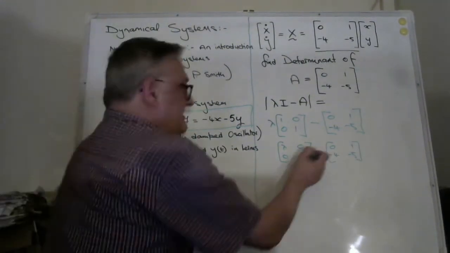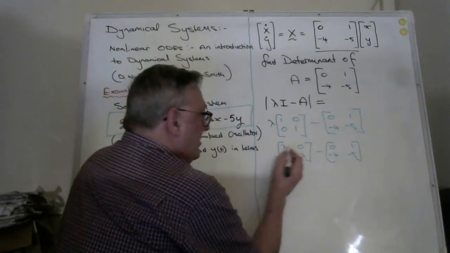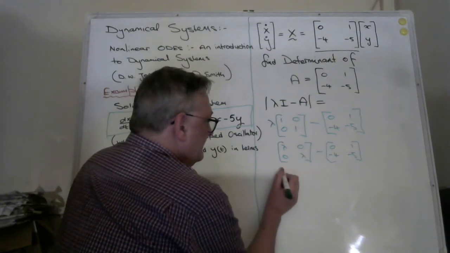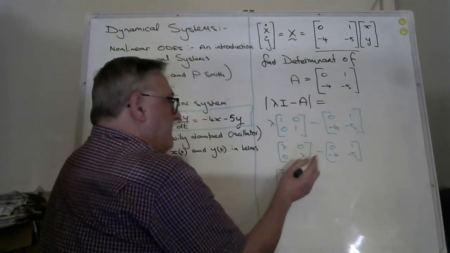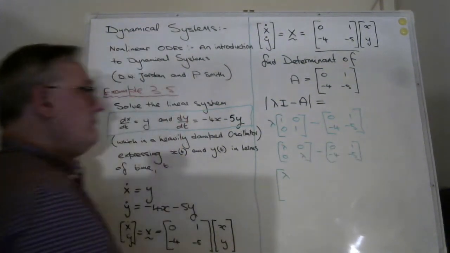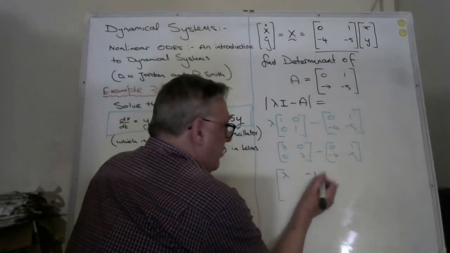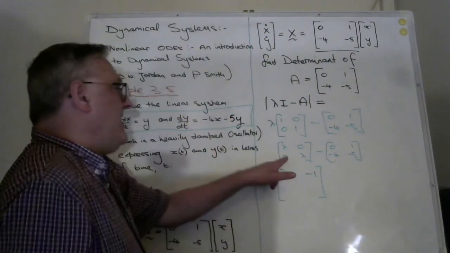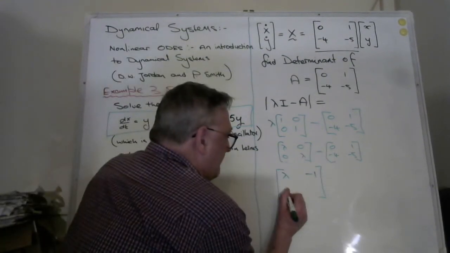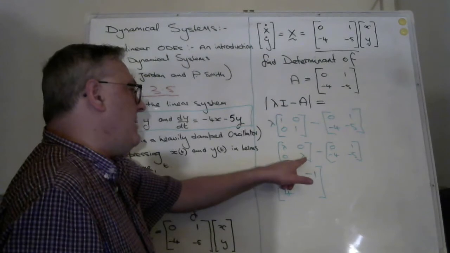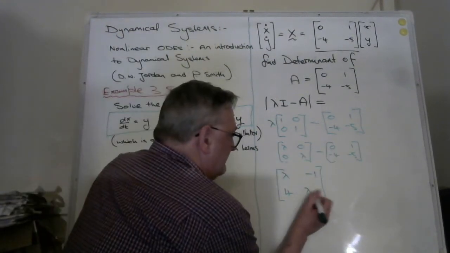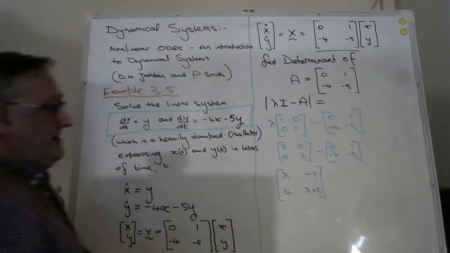And if you simplify this, in the top you get lambda minus 0, which is just lambda. Here you've got 0 minus 1, so we've got a minus 1 here. Now here we've got 0 minus a minus 4, so that becomes plus 4 there. And here we have lambda minus a minus 5, so it becomes lambda plus 5 there.